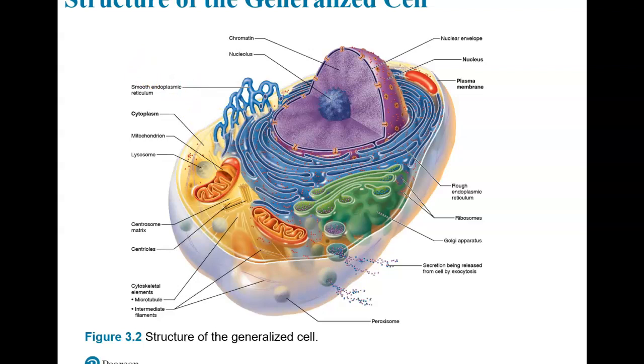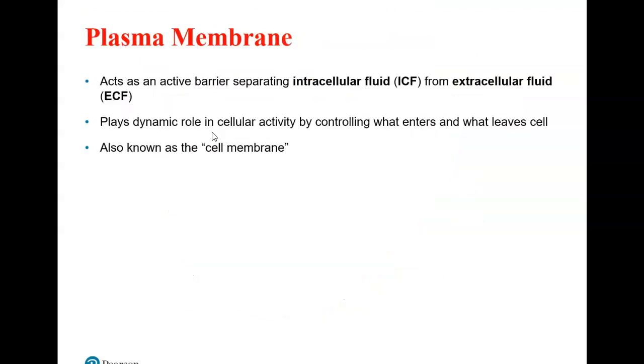Semi meaning partial, and permeable obviously means the ability for something to cross. So only some substances are able to cross the semi-permeable membrane. This can be a benefit or a detriment.